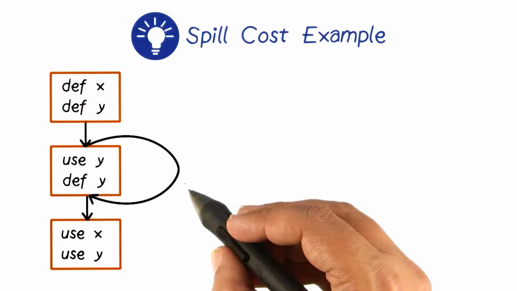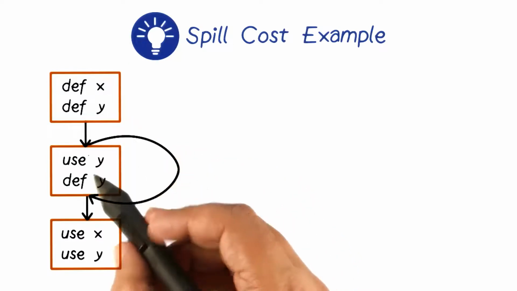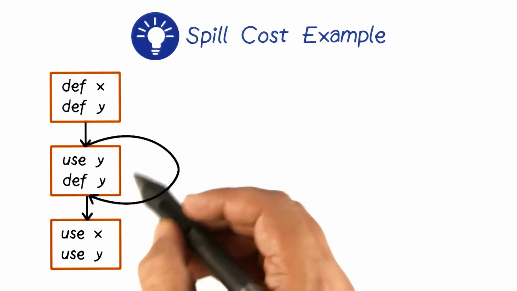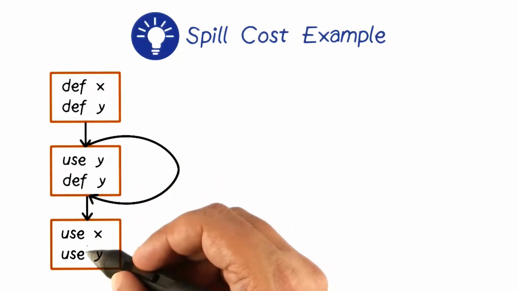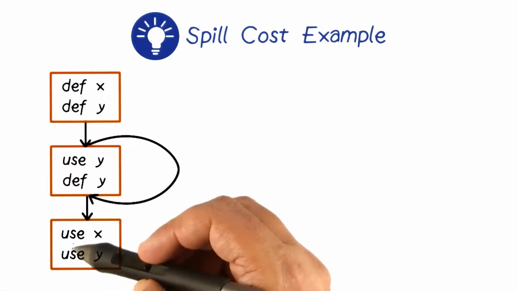Let us look at a simple example of spill costs in a simple control flow graph. This is the entry or header block which is outside the loop. Then we have a simple loop going on here, and then we have an exit block, and we have live ranges or webs which span across these.